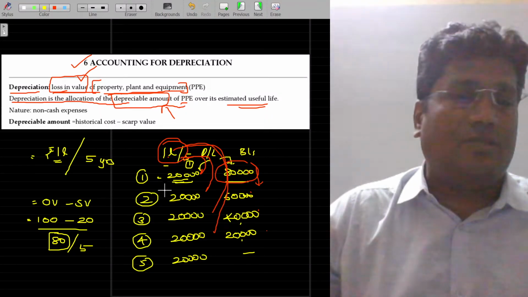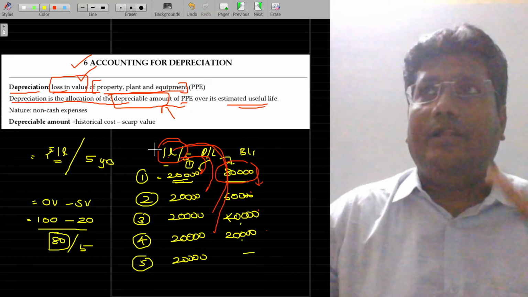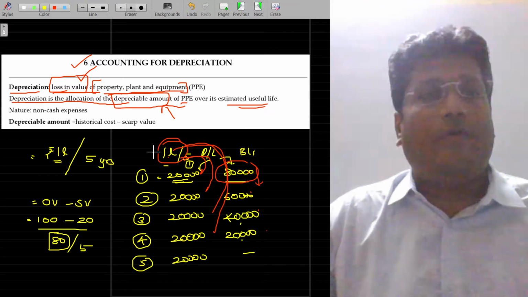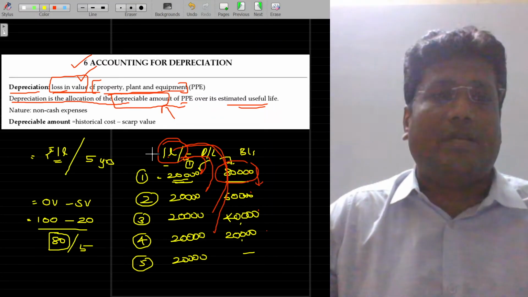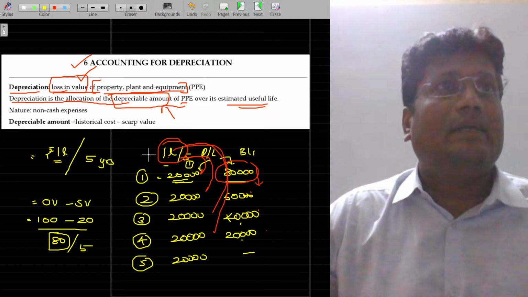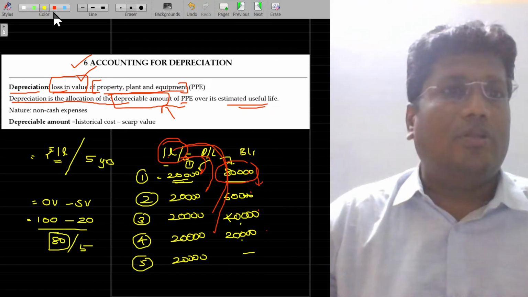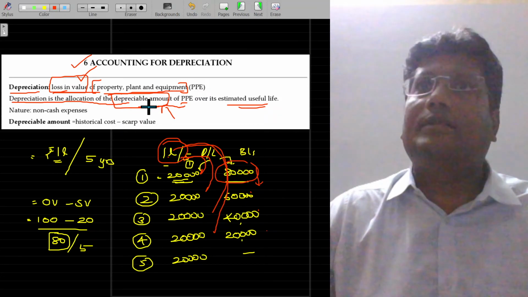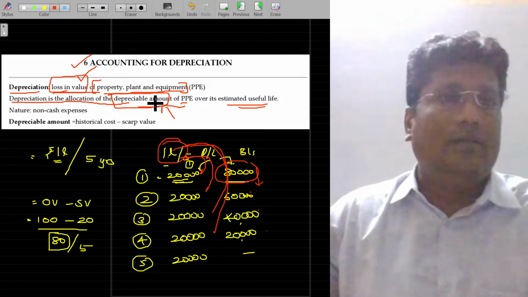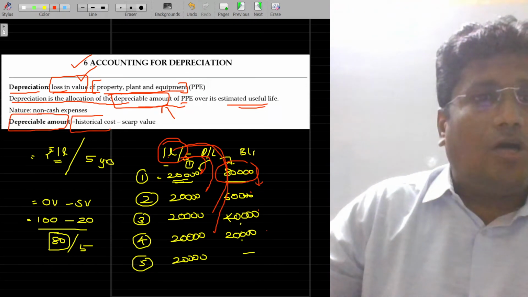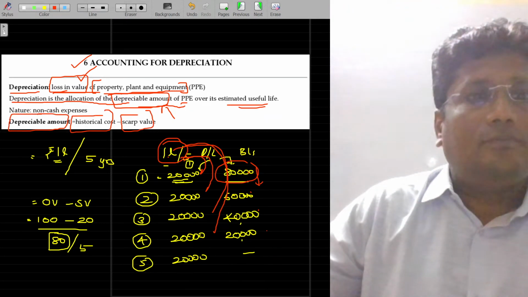In the very first illustration, I assumed there was no scrap value, or the scrap value was 0. If I assume the scrap value to be 20, subtracted from the 120, 80,000 is what? 80,000 is the depreciable amount. That depreciable amount is going to be adjusted over the lifespan. And you understand that the depreciable amount is nothing but cost minus scrap value.